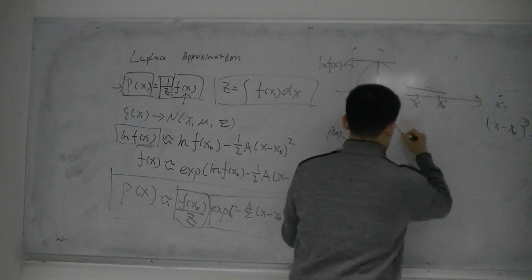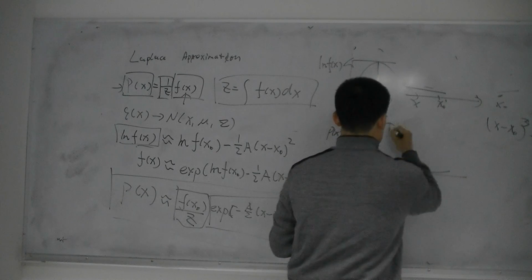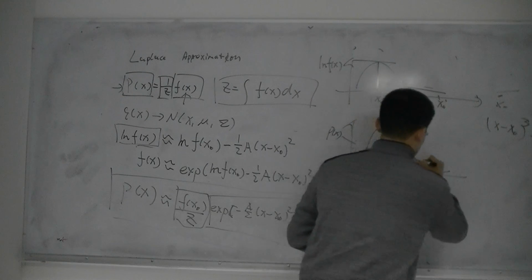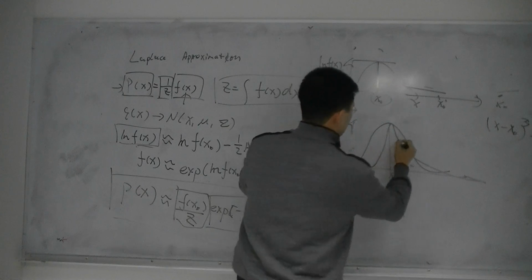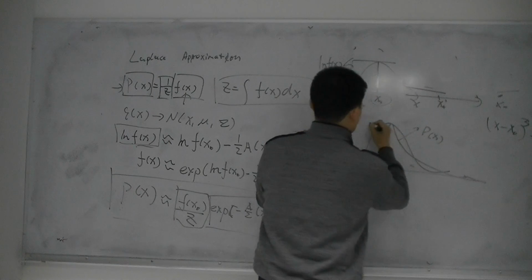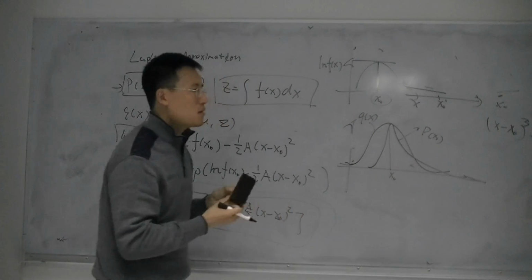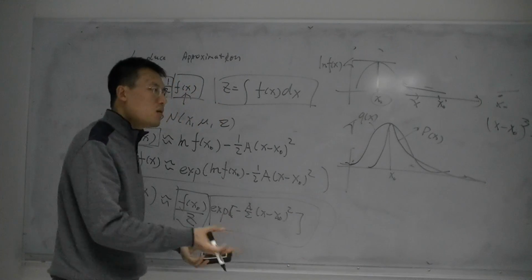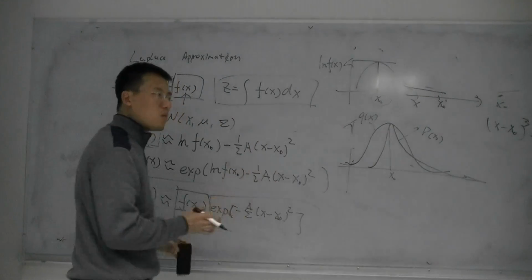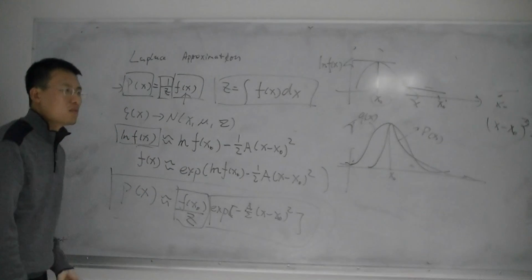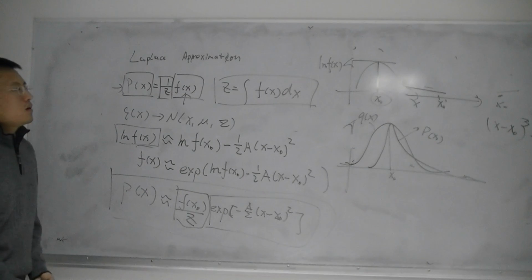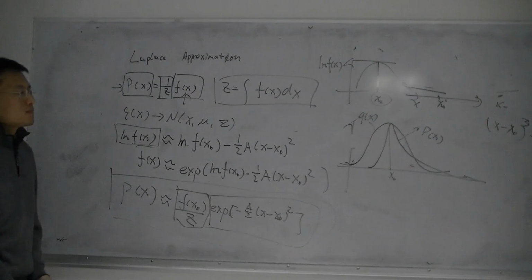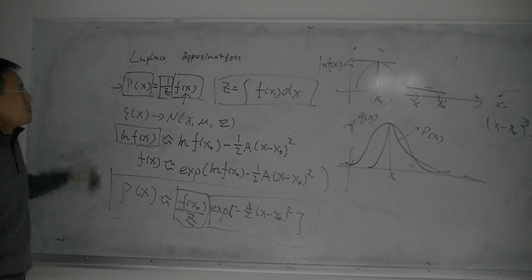We draw a Gaussian distribution like this, centered at x0, and a true distribution P of x like this. This is P of x, and this is Q of x. For a Gaussian, the mean and the mode are the same, but for the true distribution, the mean and mode are not the same. So we call this mode matching: the mode of the original distribution is the mean of the Gaussian distribution. Yes. So this is the approximation.